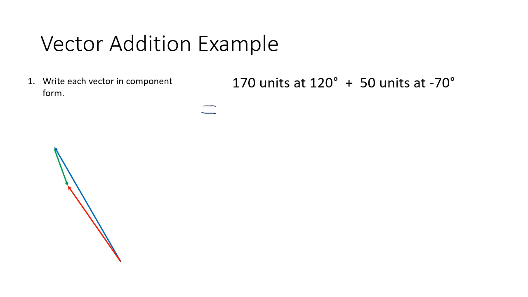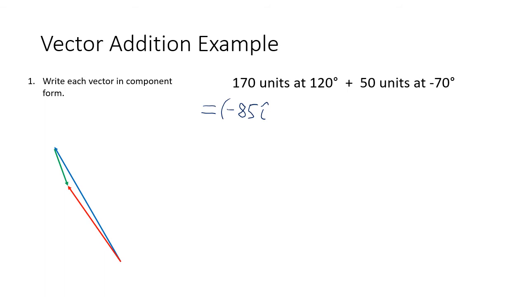So 170 units at 120 degrees, you're going to pick up your calculator and type in 170 times the cosine of 120. That gives you the length of the horizontal component, which is to the nearest unit minus 85 units. So we could write that as minus 85i in our notation system.